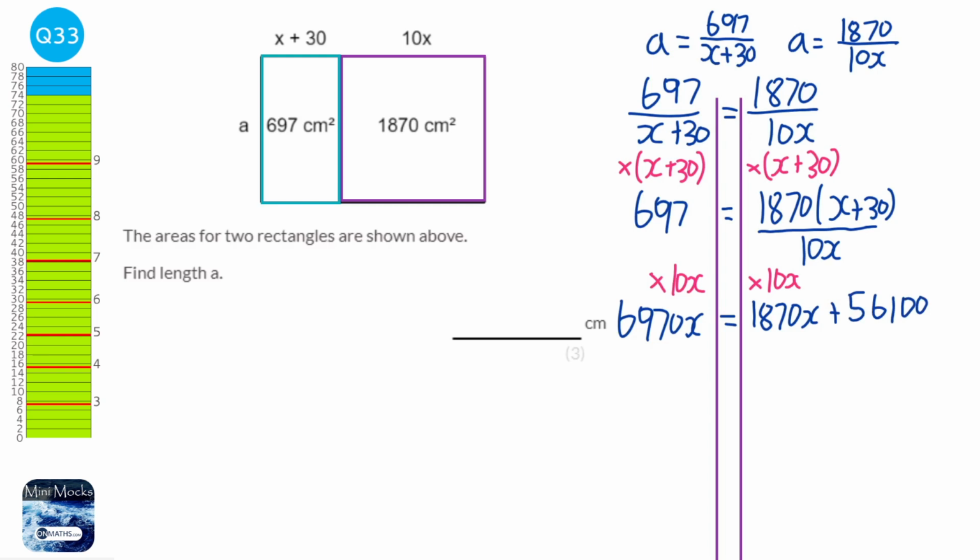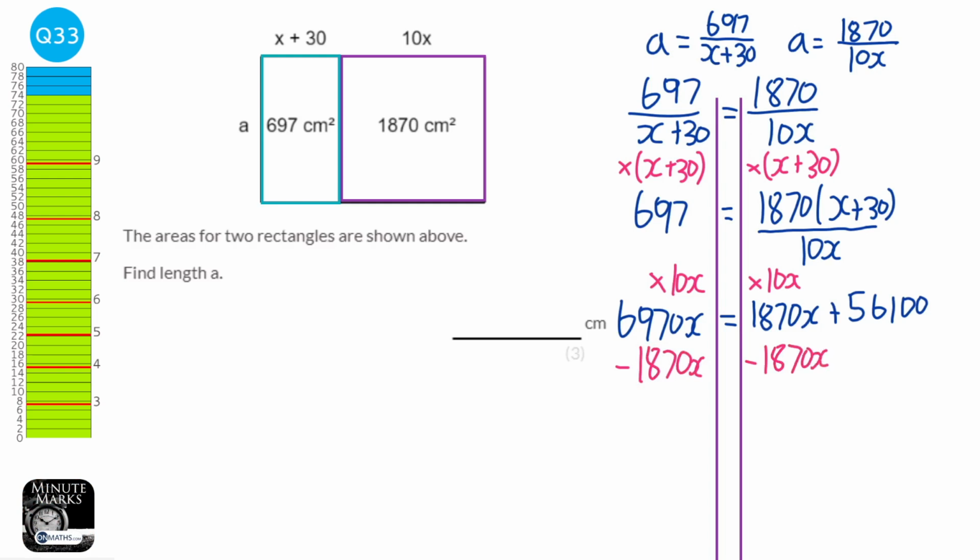Yep. Okay, so now we've got x's on both sides. So we look and see which one is the smaller amount of x, which is the 1870. And we're going to take that away from both sides. So take away 1870x from both sides.